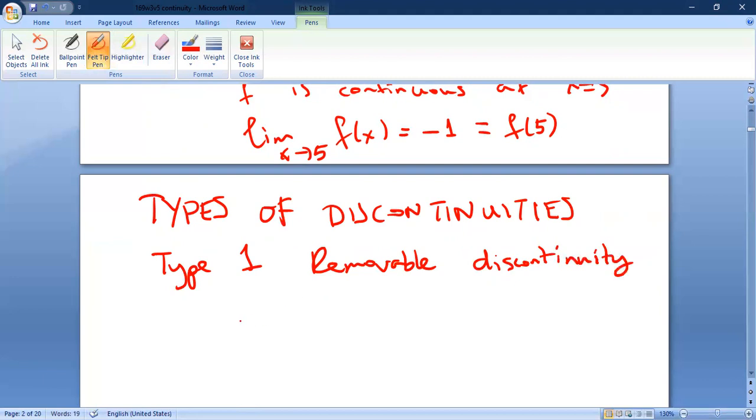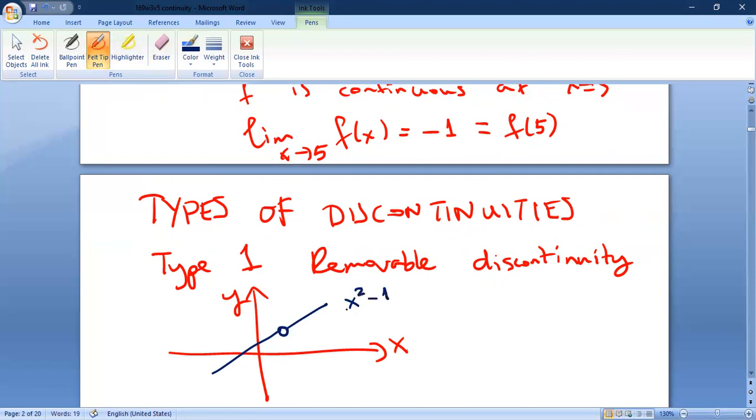So, for instance, if we have something like this, let's say this is x squared minus 1 over x minus 1, and at 1 it's undefined, but the limit is 2.